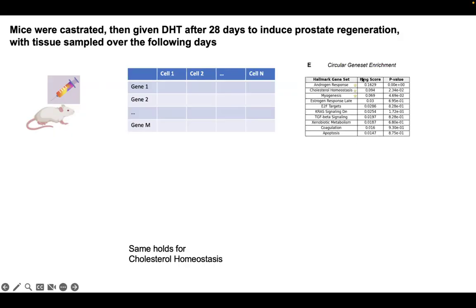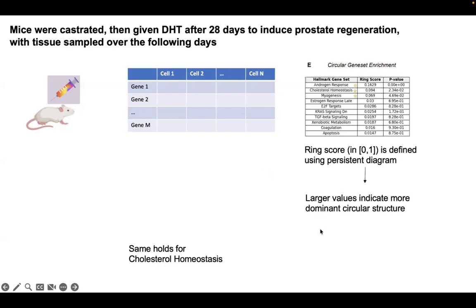For each gene set, we have a persistent diagram we discussed. Based on this persistent diagram, we can compute its ring score. This is defined using the persistent diagram, and larger values indicate a more dominant circular structure, because it says that the first degree persistent barcodes are large.